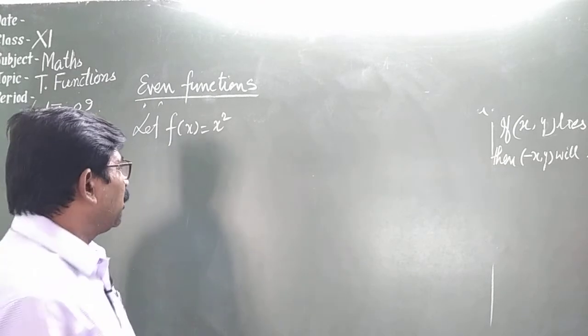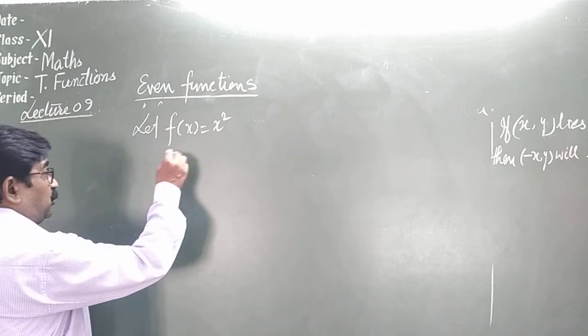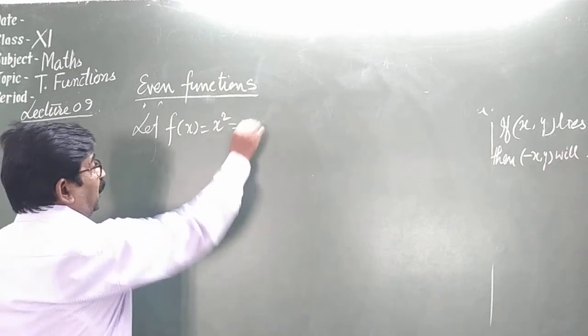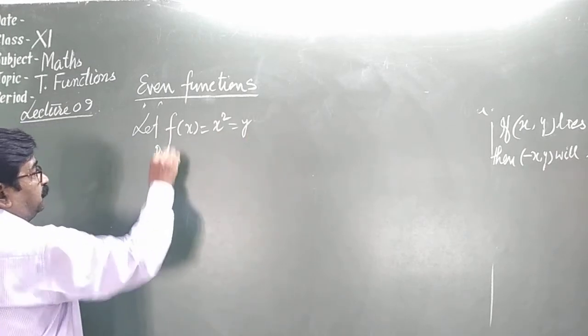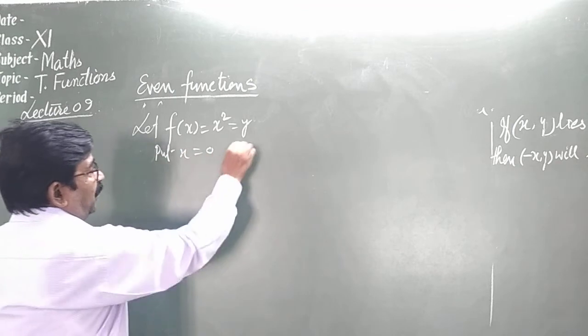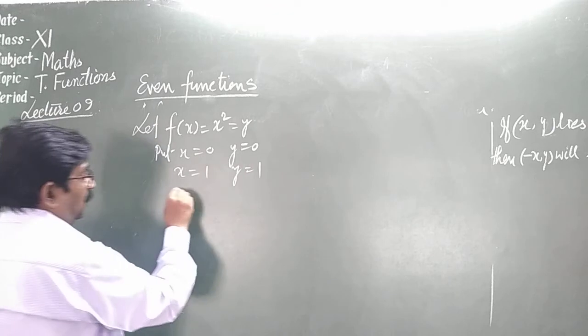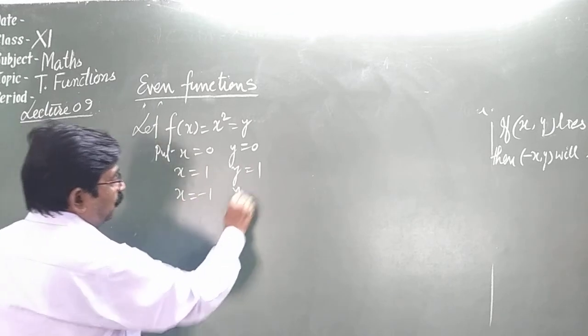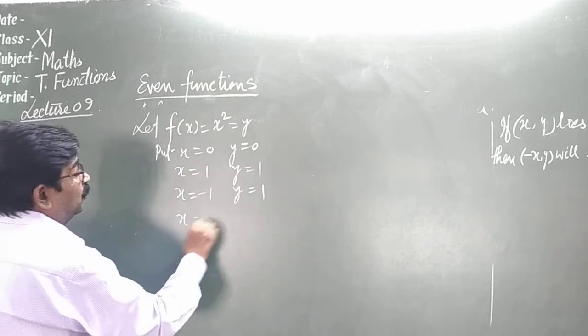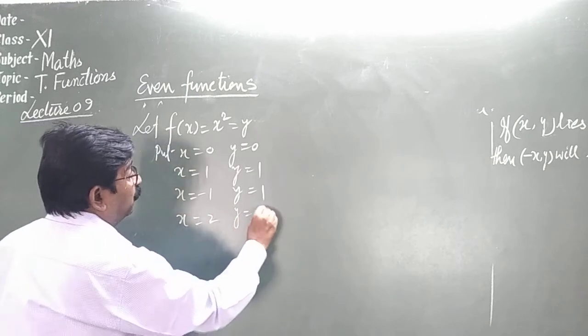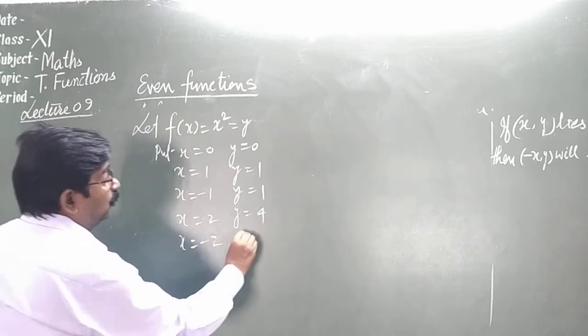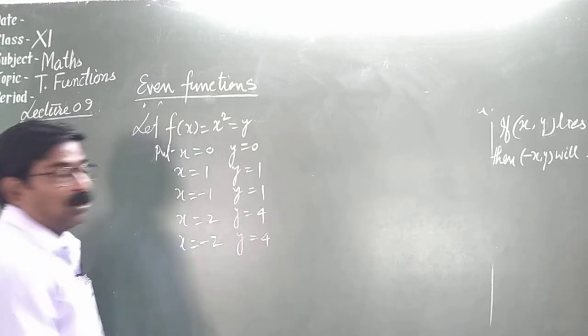So if we plot the graph, put x is equal to 0, so y is equal to 0. x is equal to 1, so y is equal to 1. x is equal to -1, y is equal to 1. x is equal to 2, y is equal to 4. x is equal to -2, y is equal to 4, and so on.